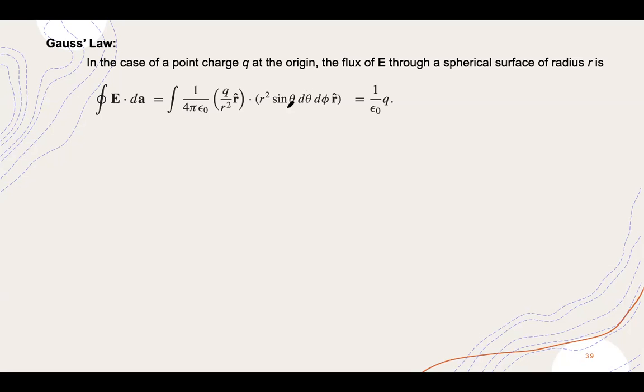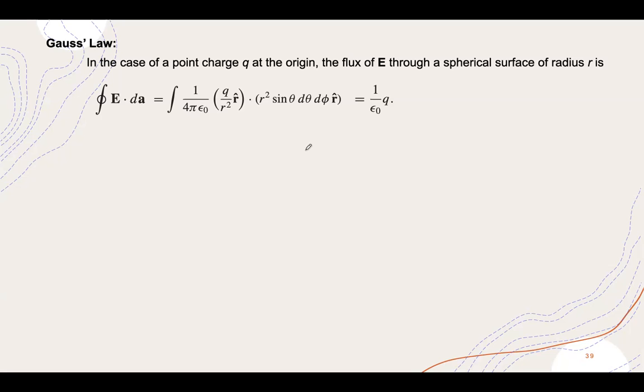Then when you integrate sin theta d theta over the range of theta, that also cancels the remaining factor of 2. The r square is already cancelled out, and r cap dot r cap is going to give you 1. So this is going to give you q over epsilon naught. This is just a simple example for a spherical surface of radius r, showing how to calculate the flux of the electric field through that surface.